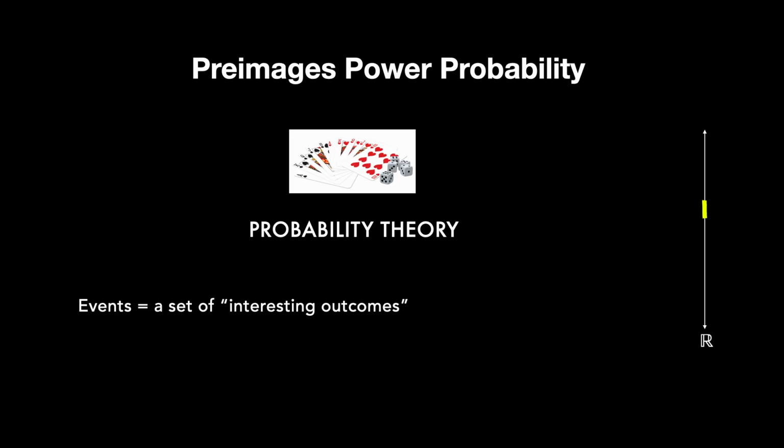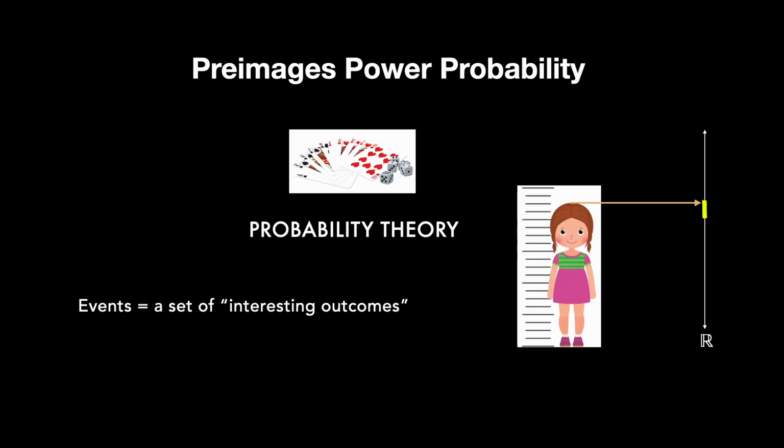Think of a real experiment. Let's say measuring a height, weight, or a voltage or something like that. In fact, let's take height. Each measurement maps outcomes of the experiment to the numbers on a line. For example, here we are measuring the height of this girl. Now, here's the key. We already know how to assign probabilities to intervals.